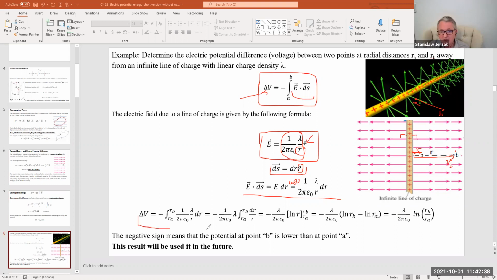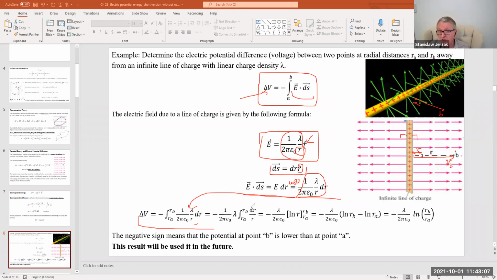So here delta V will be equal to that integral. I substituted this, of course, and I can now take all constants in front of the integral. Lambda is constant, epsilon naught is constant, pi is constant, so I take them in front, and then the integral is trivial because dr over r is ln of r.